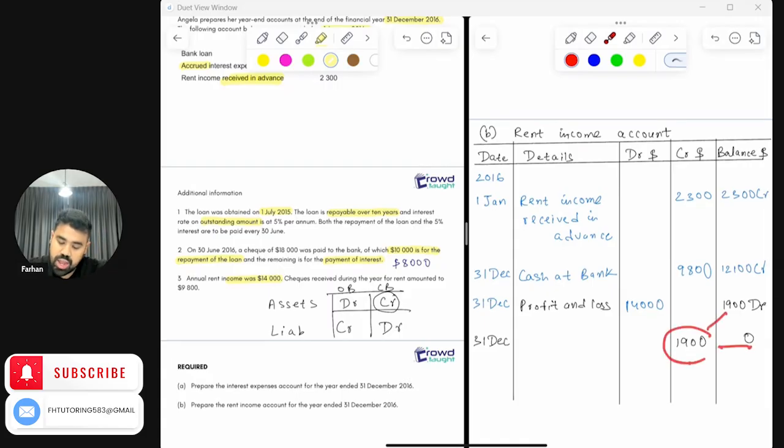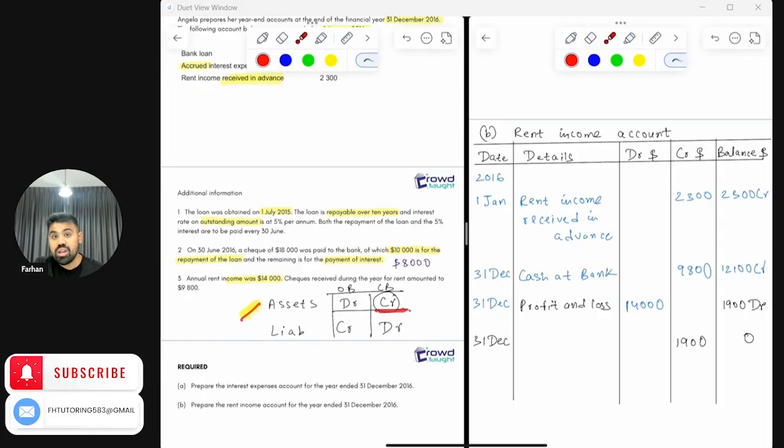Now, what can have a credit balance, a liability or an asset? It is an asset. As you can see, based on the table we have done earlier, all assets have an opening balance on the debit side and the closing balance on the credit side. So if it is an asset, can we call it rent income received in advance, or should it be rent income receivable? If you got that correct, it's rent income receivable, because that is what falls within the definition of an asset.